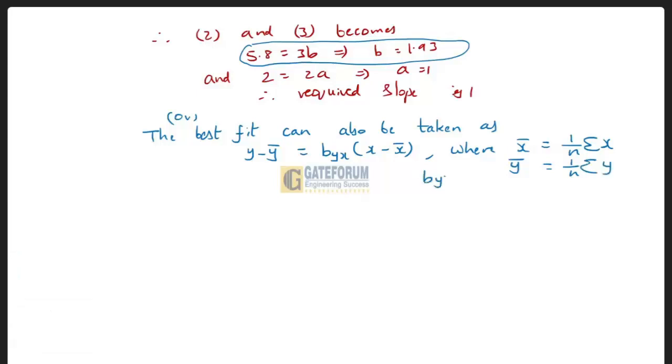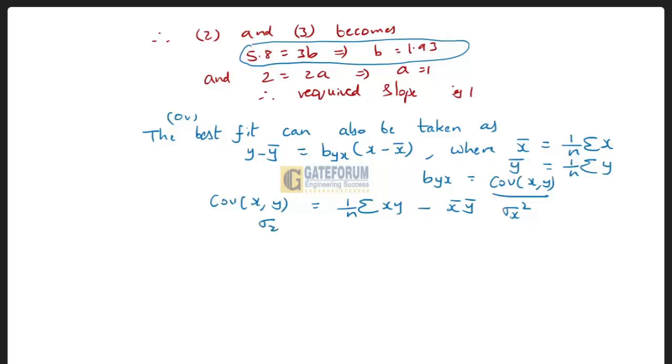Byx means covariance of xy by sigma square x. The covariance of xy formula I am giving: 1 by n summation xy minus x bar into y bar.